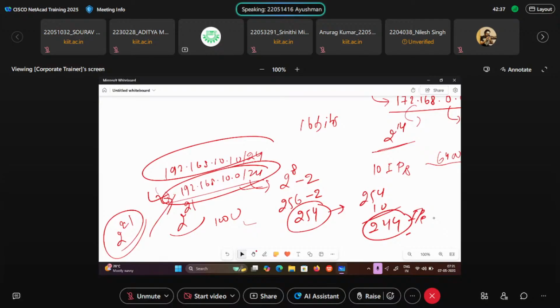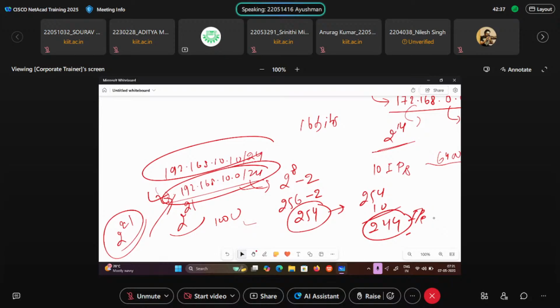You can minimize it, but it is not possible that no single IP will be wasted. Definitely you can reduce the wastage, but not to 100%.